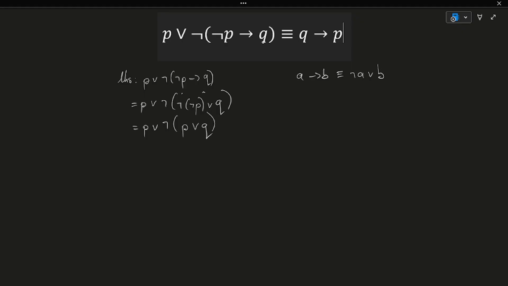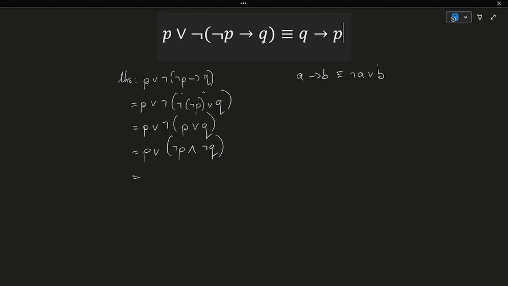And then now we're going to distribute this negation inside. So when we distribute a negation inside, we're going to have not P and not Q. When we distribute a negation, the joining symbol changes. So this will no longer be an or, it will be an and, therefore not Q like that.